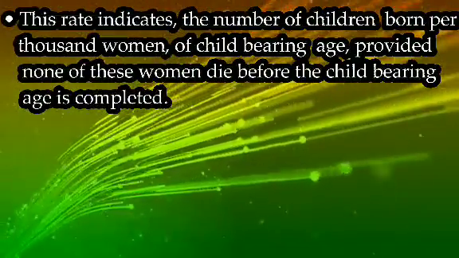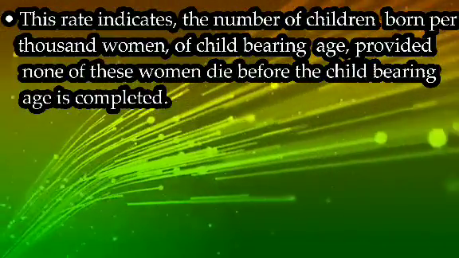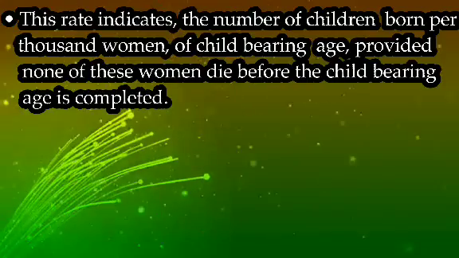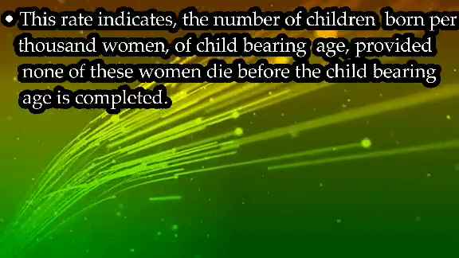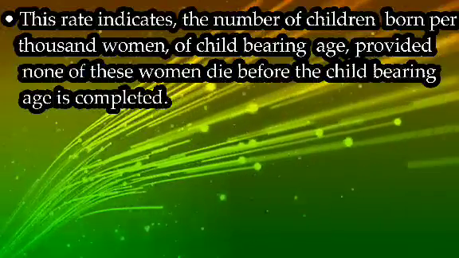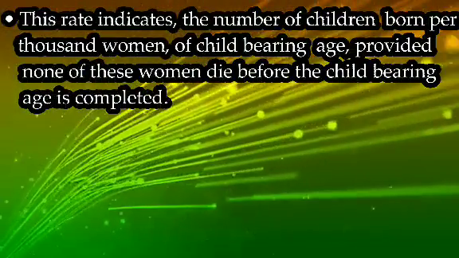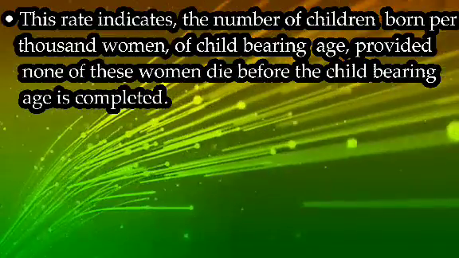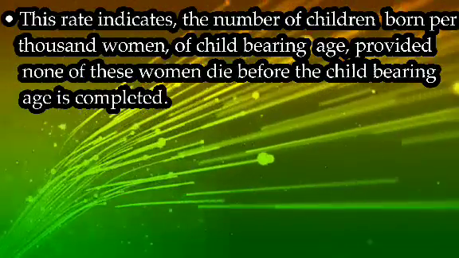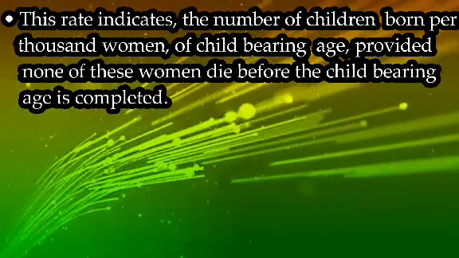We assume that we are calculating the ratio for 1000 women where none of the women die before the completion of the childbearing age, which means none of the women die before completing the age of 49 years. But in reality, that need not be true. That is only the assumption which we make.